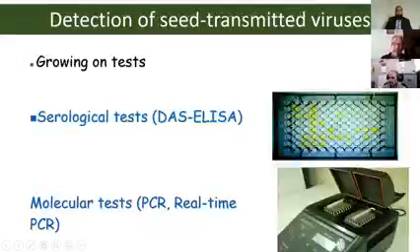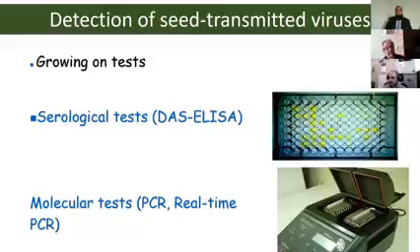Now, okay, we know pretty well that we do have some very important seed-transmitted viruses. How can we test that the seed is virus-free and healthy? The best way to do that is by grow-out tests. Although this is a very valuable method, it's not very easy to do because we need a lot of space and a lot of time.